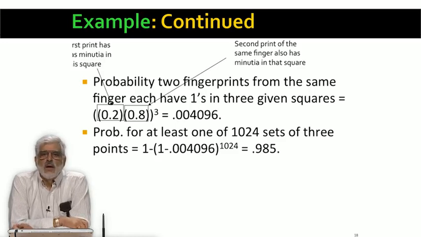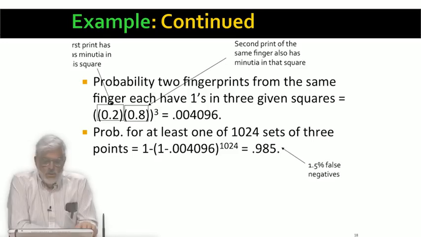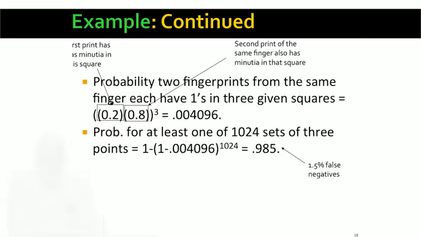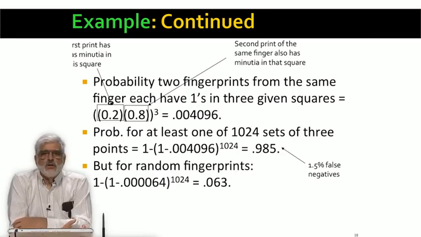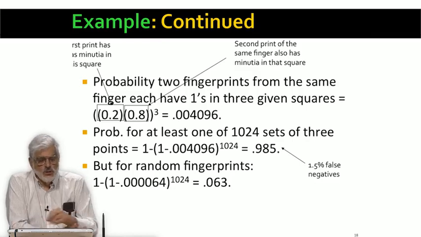The probability of that happening at least once is 98.5%. You can do the math if you like, but there's an outline on the slide. That means there are only 1.5% false negatives. On the other hand, the same calculation for a pair of fingerprints that comes from different fingers gives a much smaller value, 0.063.